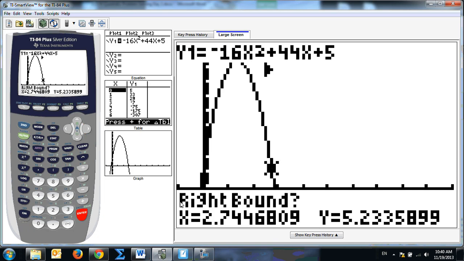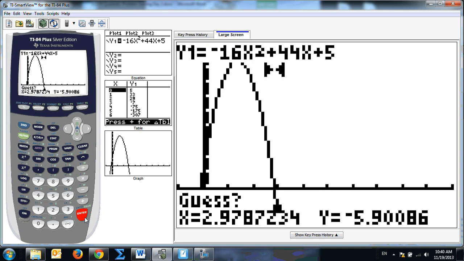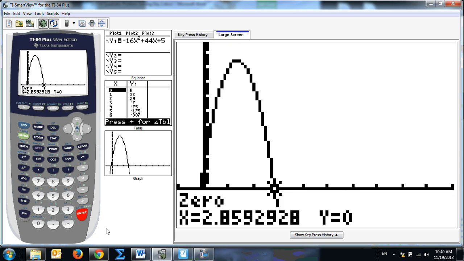And then what does it say? Right bound. So then I'm going to keep pressing right until I am under or to the right of my 0. And I'm going to press enter. And it says guess. You do not have to guess. Just press enter again. And then it will calculate your 0. Okay? You're always going to round to the nearest thousandth unless instructed otherwise.